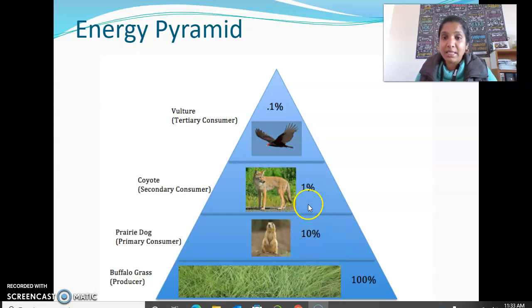You can see the same here. When the energy is moving from here to here, it got reduced. Similarly, from the third level to the fourth level, again it is reduced. So this is an energy pyramid, and you should know which organism goes where in the pyramid.